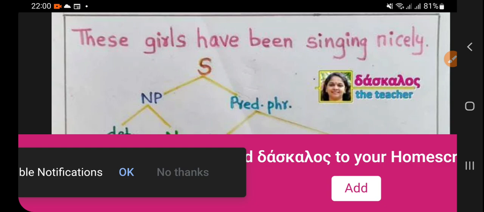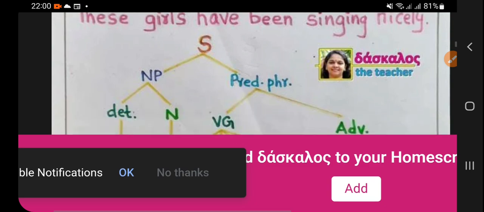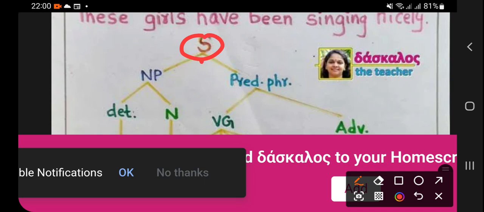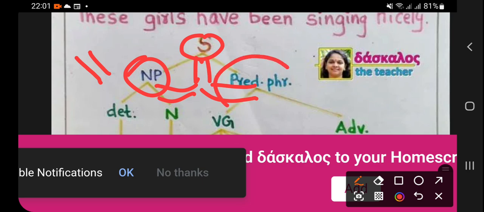I told you in the beginning there are some contradictions. Phrase means group of words, but a noun phrase is sometimes denoted by a single word, so please take care. Now this is the sentence, or the node, the main trunk you can imagine, right? And then branches. So there are two thick branches, the noun phrase and the predicate phrase, right?